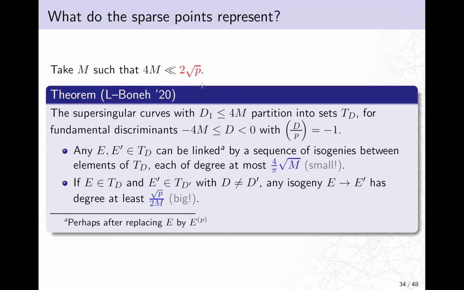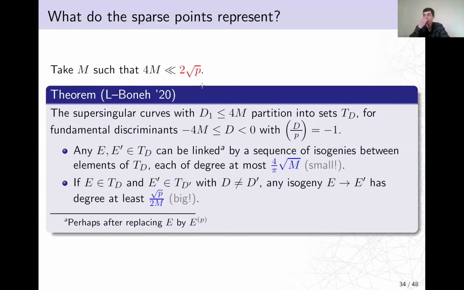Yes, from the order to the graph, I see it. The direction I find interesting is from the graph around the point to the order, especially in the case where the degree of the isogeny does not split in the order. I see, right. Yes, of course.